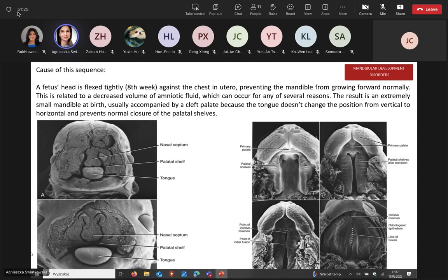That's why the tongue, which has a vertical position in the mouth, couldn't change from vertical to horizontal. That's why the palatal shelves, which also have a vertical position, couldn't change from vertical to horizontal, because in this space is still the tongue. That's why we don't observe closure of the secondary palate, and we observe a huge U-shaped cleft of the secondary palate.